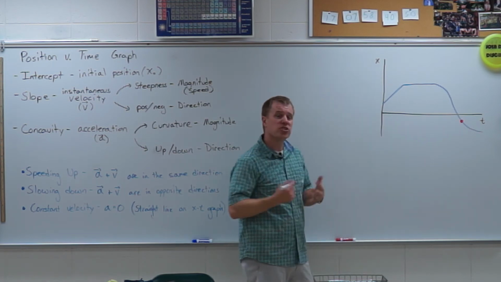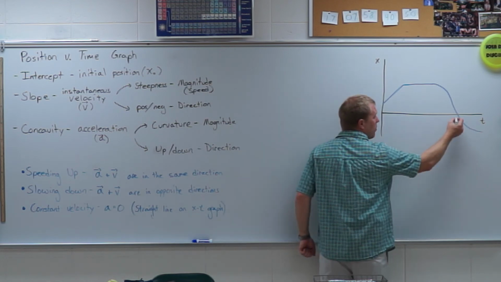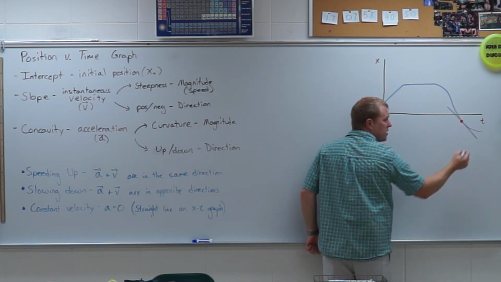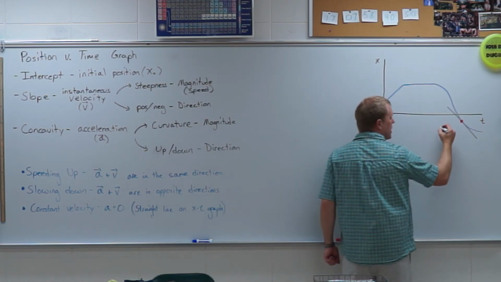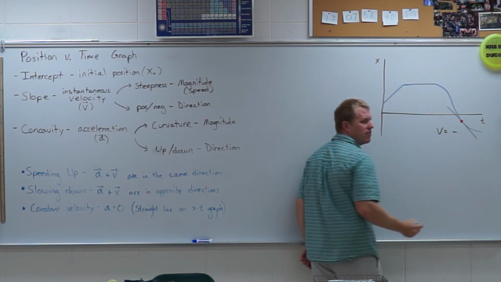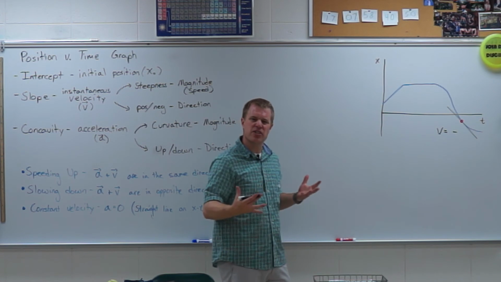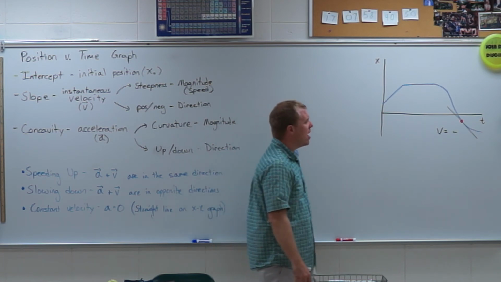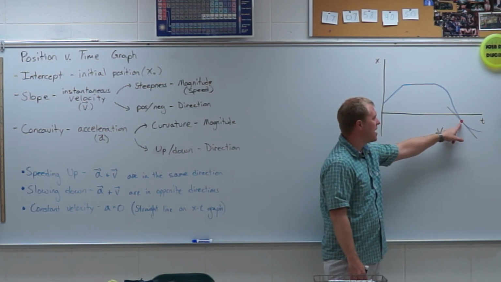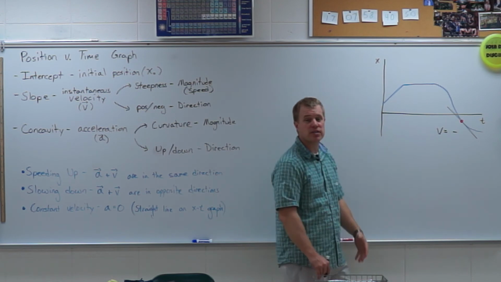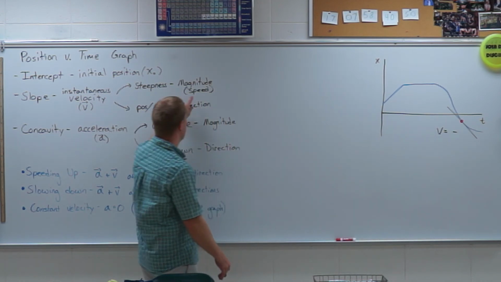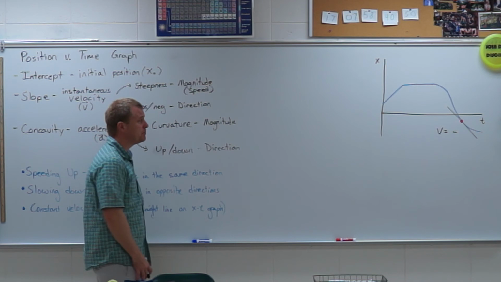Okay. Well, the slope also tells me something. At this point, my slope is downward. So at that point, my velocity is a negative value. Okay. And how steep it is tells me a relative amount. So I might be able to say that at this point, it's not the steepest point on the graph. So it's not the fastest speed it was going.